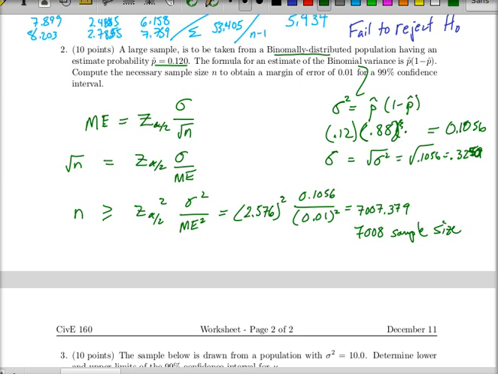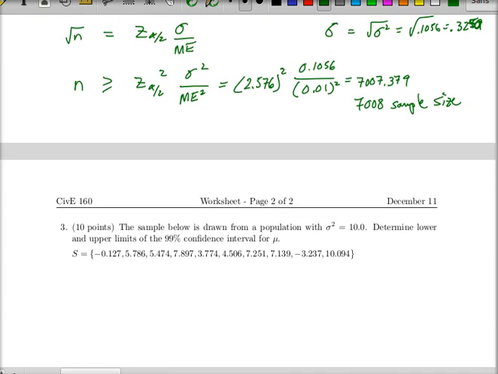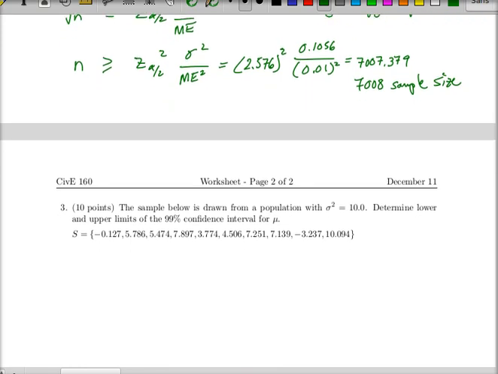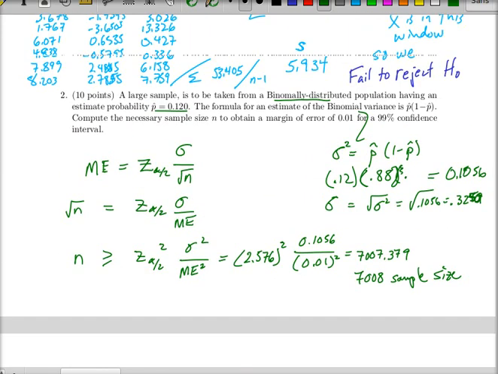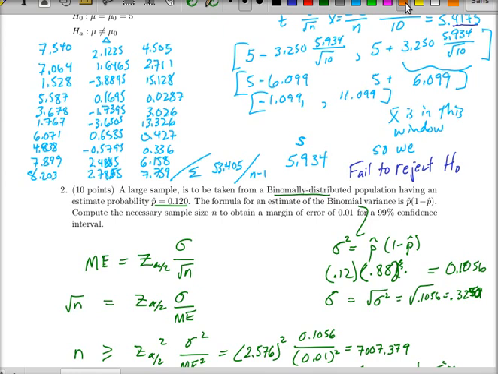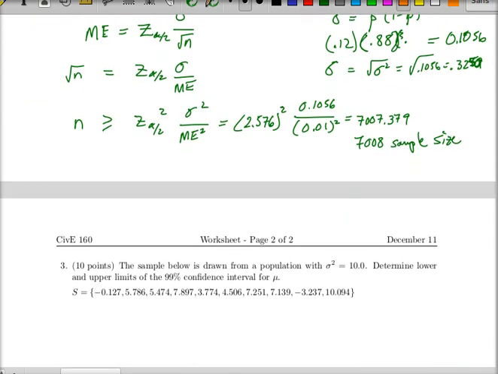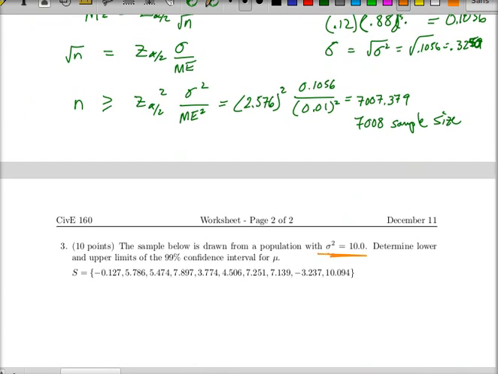Okay, so that concludes the second one, and now we're going to do one more to get another color, which will be orange, and it says here we know the variance. We know the variance, therefore we know sigma, and sigma must be square root of 10.